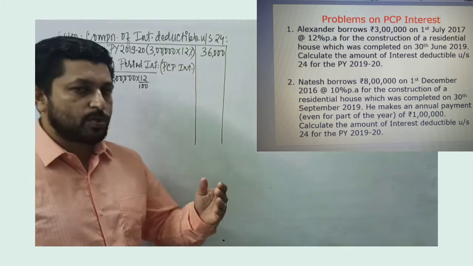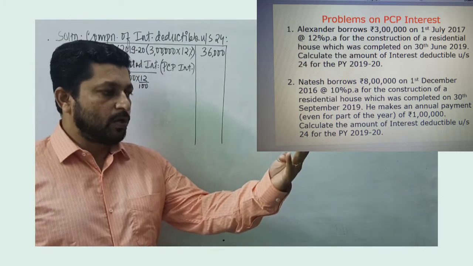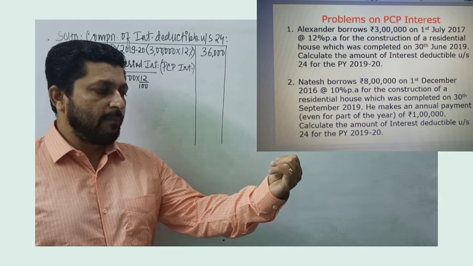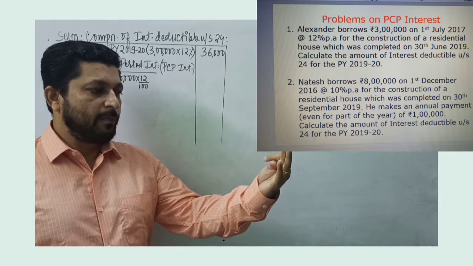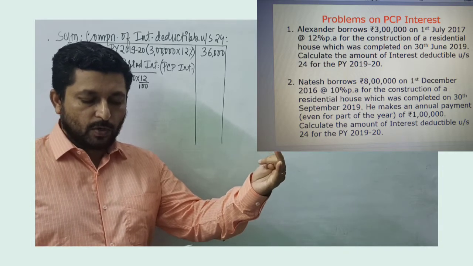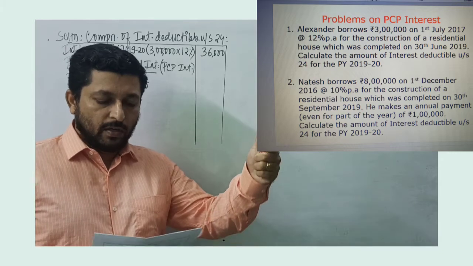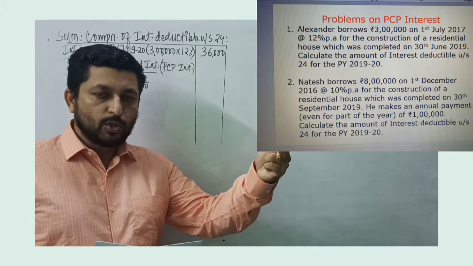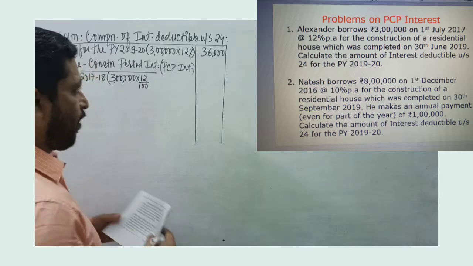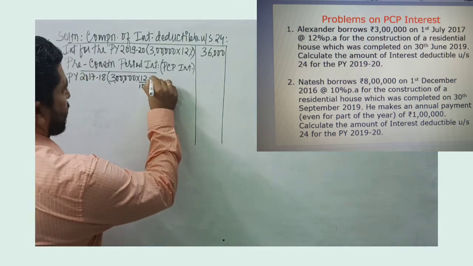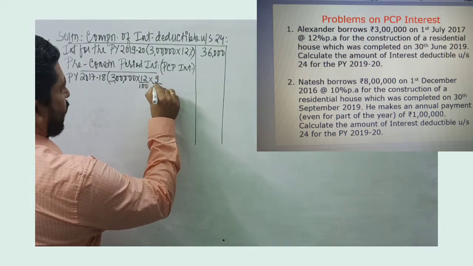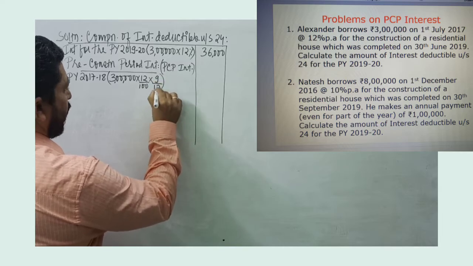So 1st of July to 31st of March: July, August, September, October, November, December, January, February, March. So we will have to leave out the months of April, May, June. So 3 months we will have to leave out, and the interest is for 9 months only.